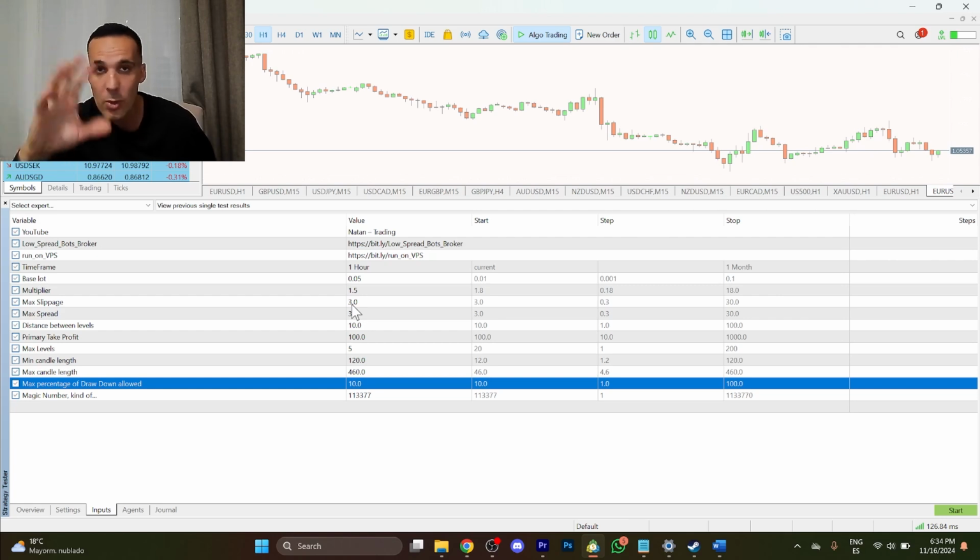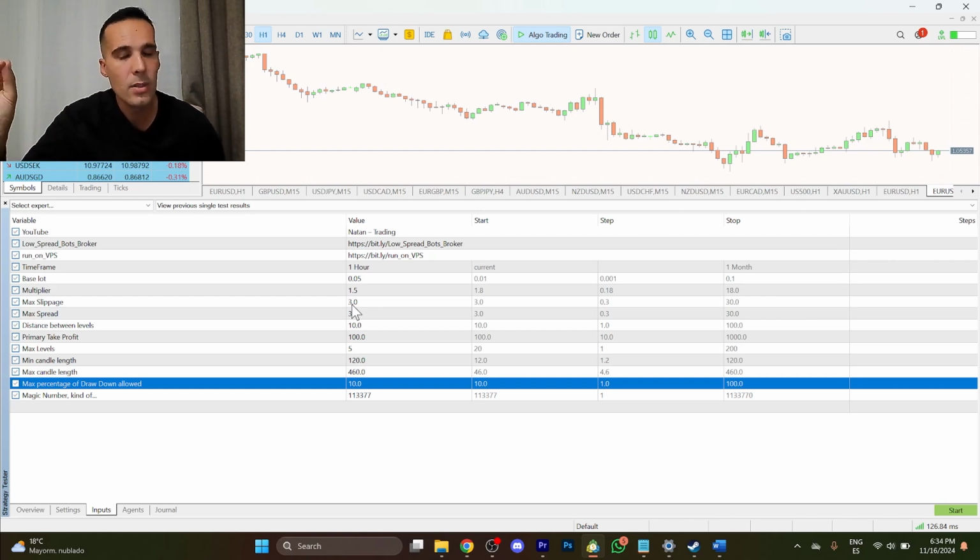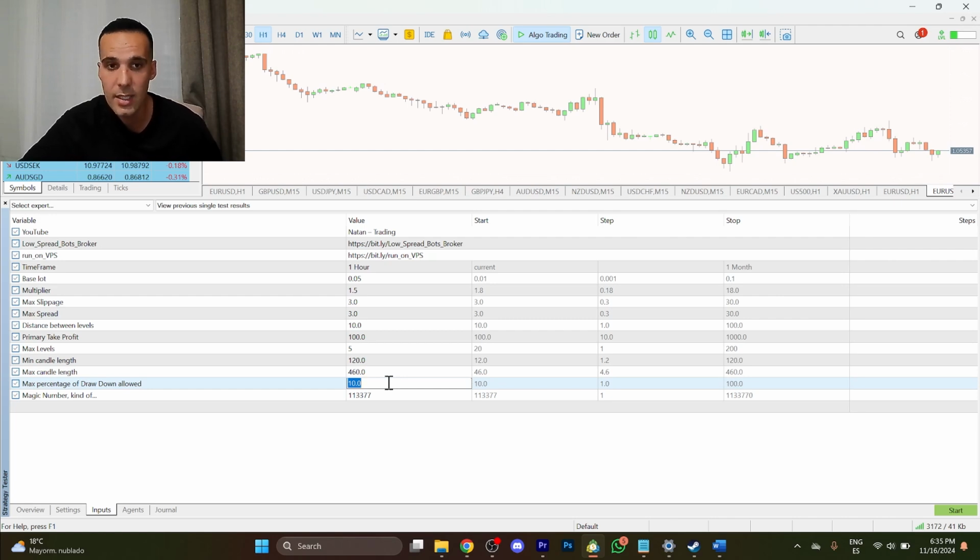Once all your open trades are giving you a total loss of more than 10% of your account, imagine your account is $3,000 and you are losing 290 euros, dollars, sorry, then you are fine. But once it reaches 10%, which is $300, then the bot is going to close everything and the bot is going to reset itself. You can also try to adjust this, but I think 10% works pretty well.